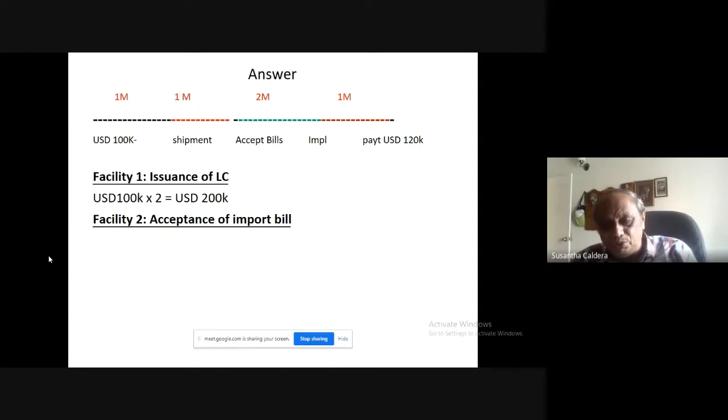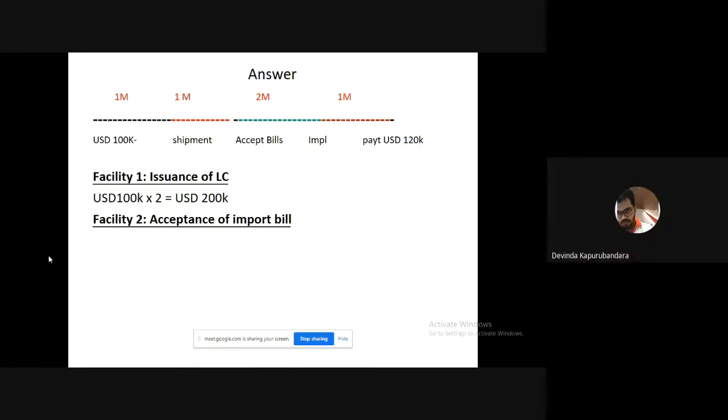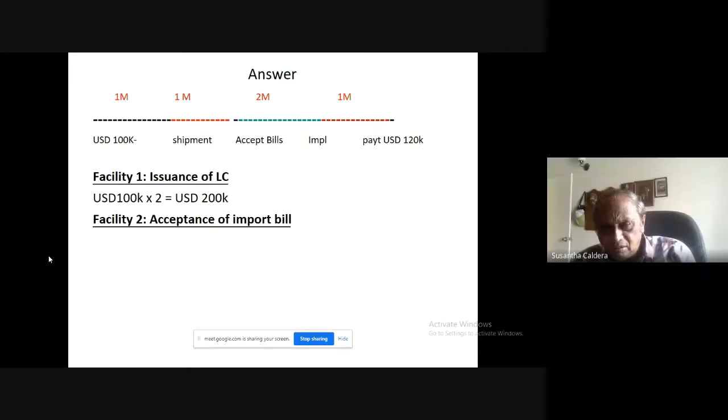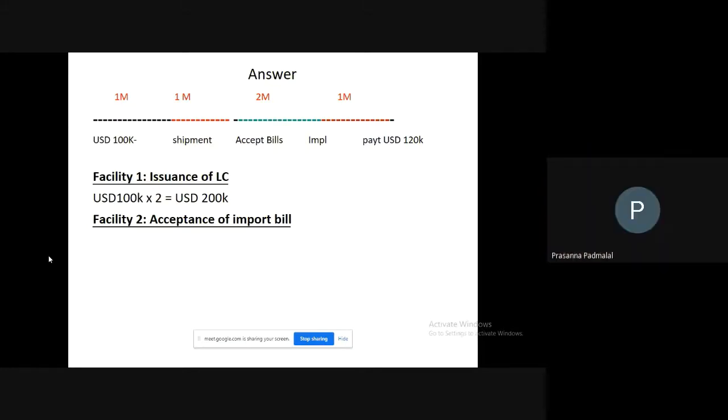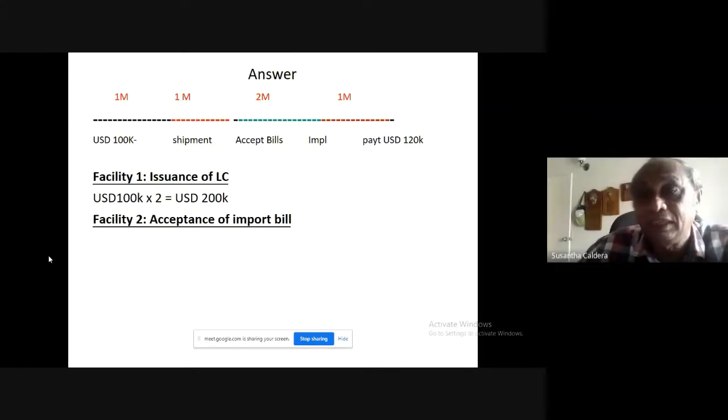Amount, of course, you know. How much? 200,000? 100,000 each. 100,000 into how many times? 2 times, because only after 60 days, only after 2 months, it will be settled.